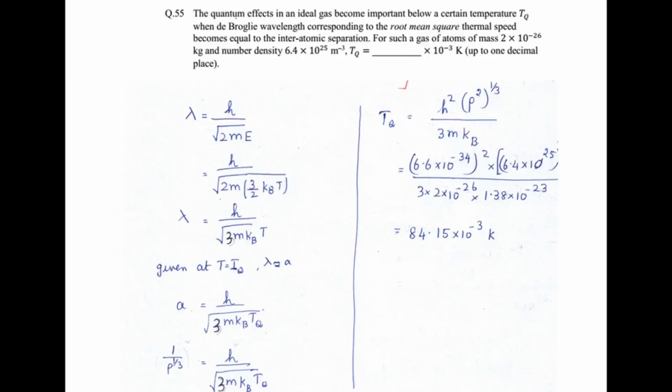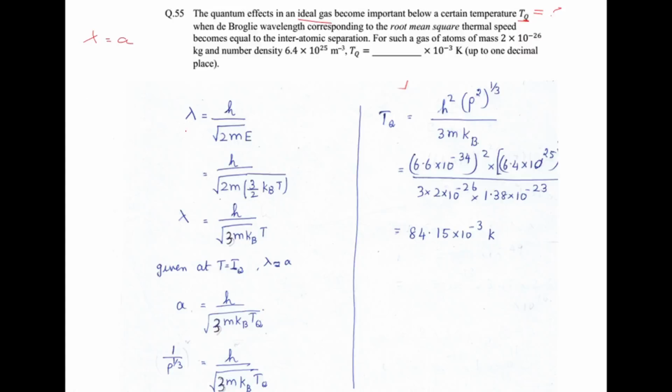So in this question, they have taken an ideal gas, and below a certain temperature Tq, the quantum effect becomes very important. Below that temperature, the de Broglie wavelength lambda is equal to a, the interatomic separation, and they have asked us to find the temperature below which the quantum effect becomes very important.